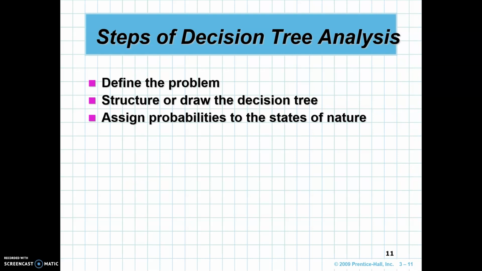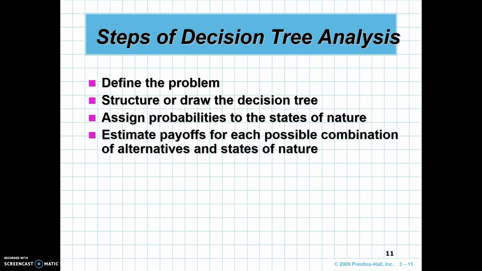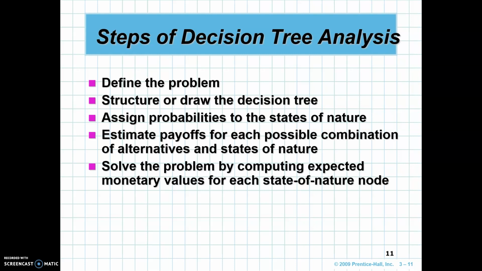So assigning the probabilities is always a very crucial step in making a decision through decision tree analysis, right? The fourth one is to estimate payoffs for each possible combination of alternatives and states of nature. Then solve the problem by computing expected monetary values for each state of nature node.